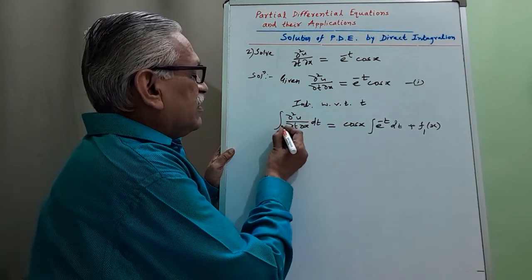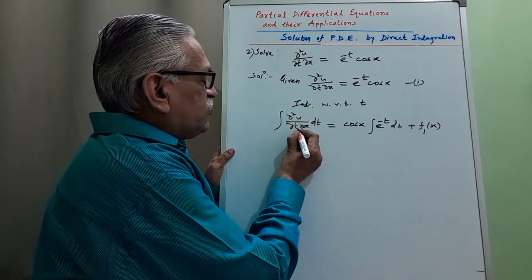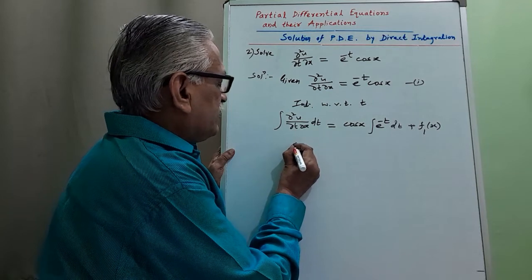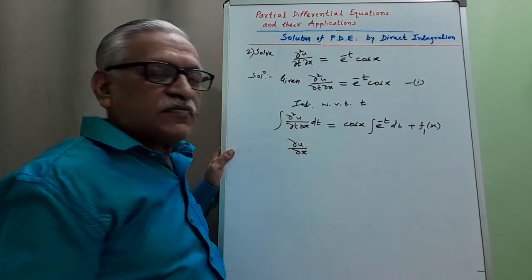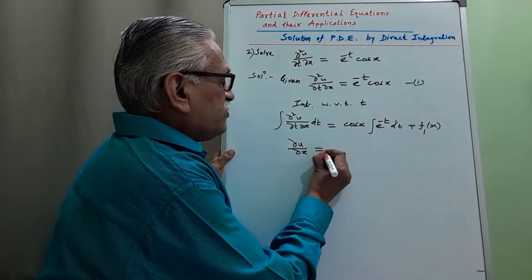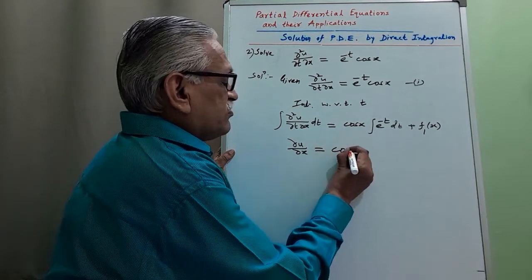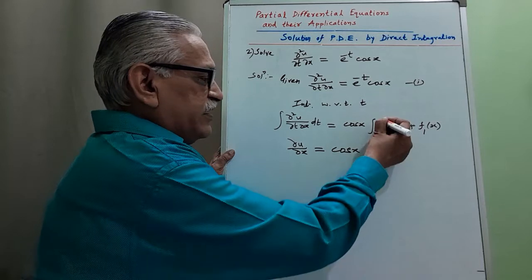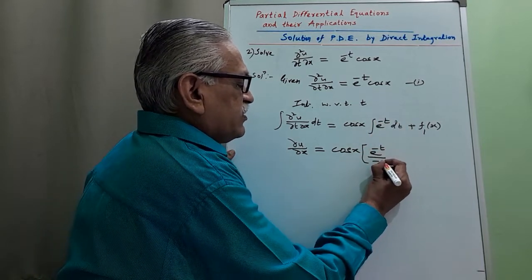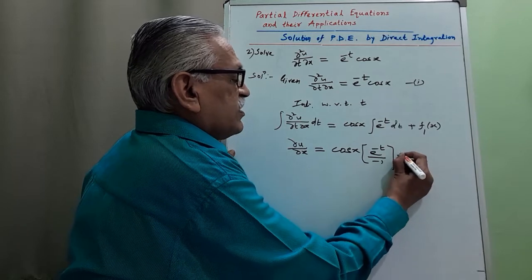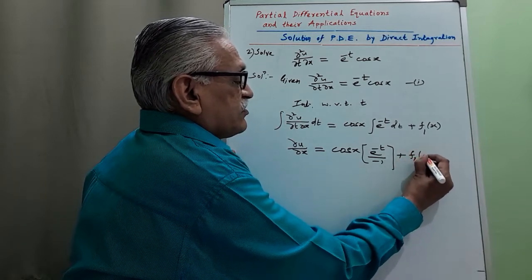Then the integration of ∂²u/∂t∂x is ∂u/∂x, that equals cos x times the integration of e^(-t), which is e^(-t)/(-1), plus f1(x).